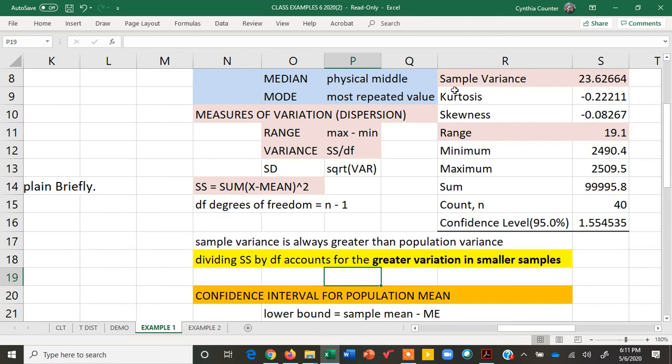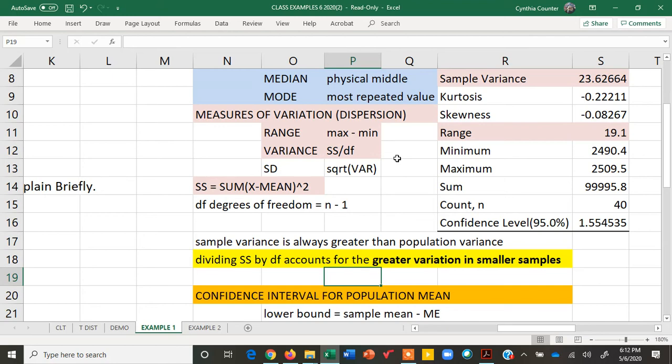So that's why it's important that it's a sample variance. If you're working with the entire population, not just a sample, so that you don't have to do inferential statistics because you know everything there is to know, then you wouldn't have to divide by degrees of freedom because it's not an estimator.